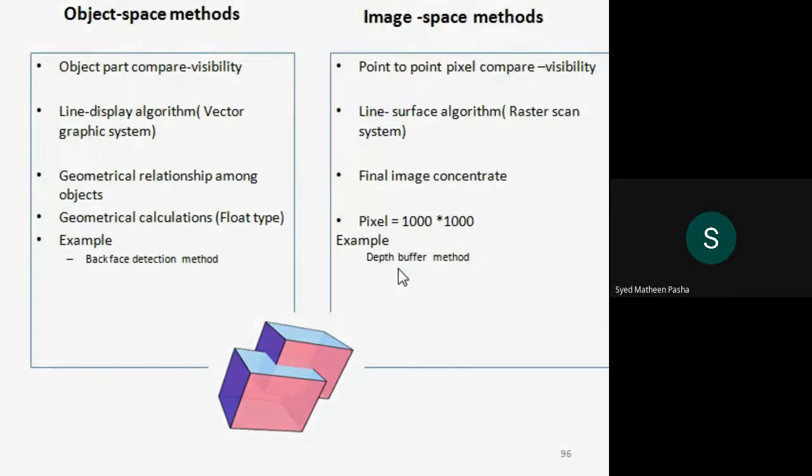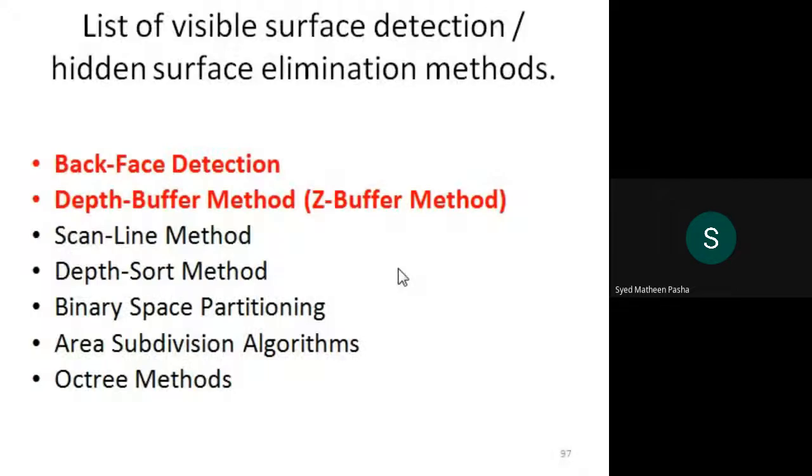Then we will study how these detection methods use elimination techniques. That is the list of visible surface detection or hidden surface elimination methods. There are a huge number of algorithms which are used, but in your syllabus there are only two: backface detection and the depth buffer method.